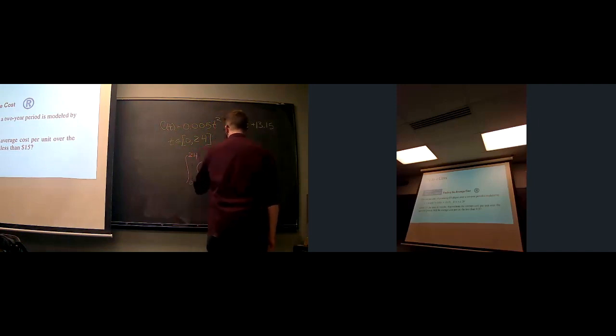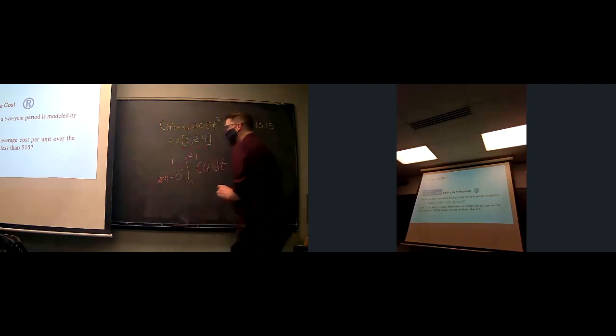So what we're going to do is integrate from 0 to 24 our cost function with respect to time. We're going to divide this whole thing by the length of that period of time. This is going to tell us the average cost.